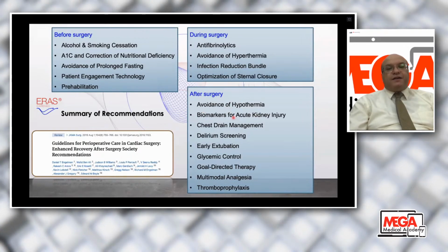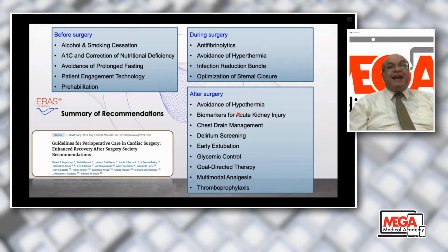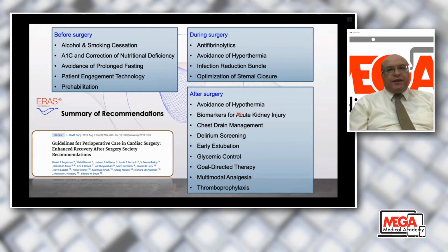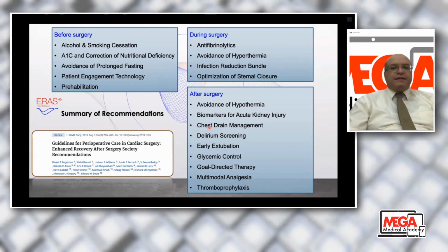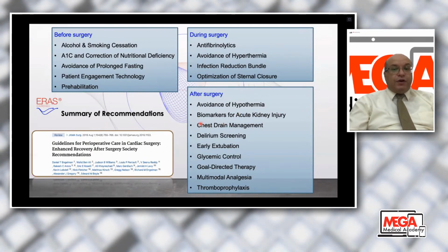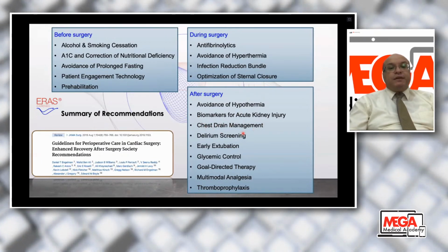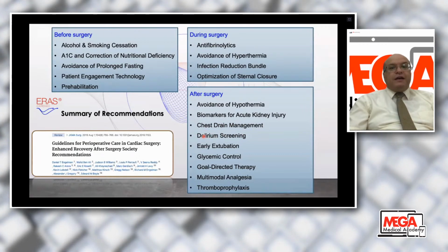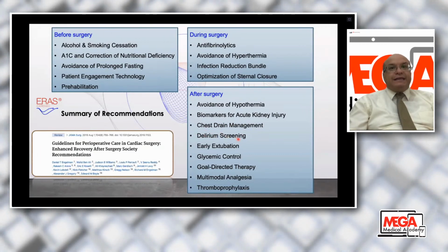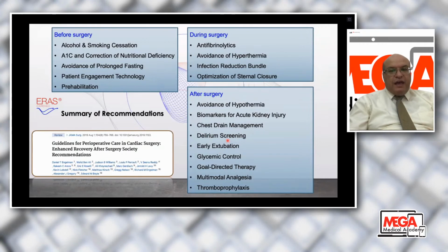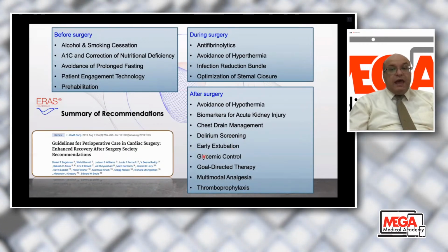Monitoring of biomarkers for acute kidney injury to identify patients with acute kidney injury early and minimize the need for dialysis and long-term chronic kidney disease. Chest drain management and regular delirium screening at least once per nursing shift. Early extubation.